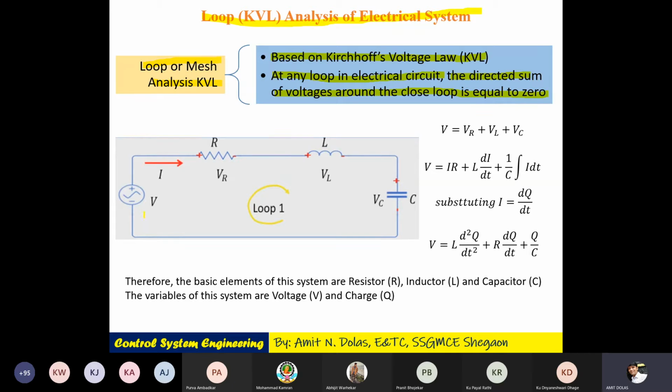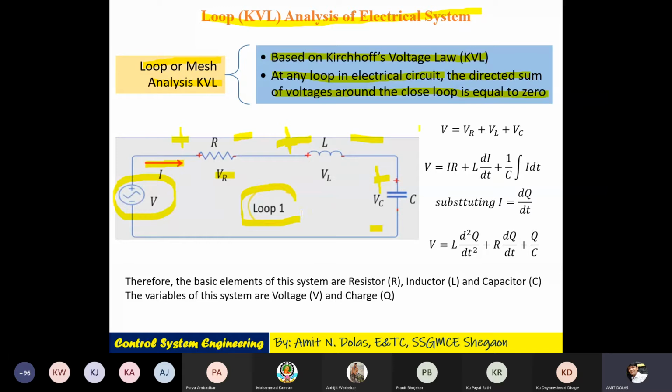You can see a similar circuit where, instead of a current source, we have applied a voltage, and R, L and C are connected in series. If voltage is applied, some current will pass. It will generate voltage VR across resistance R, VL across inductor L, and capacitor voltage VC across capacitor C. There is only one loop.